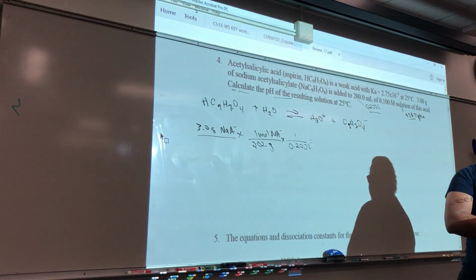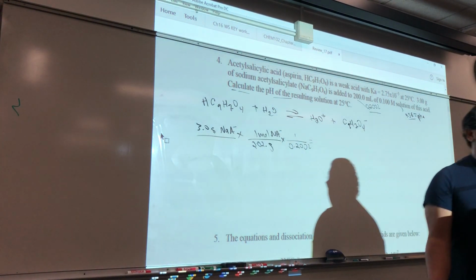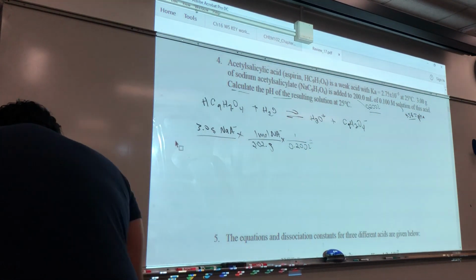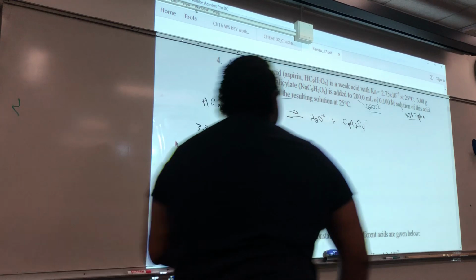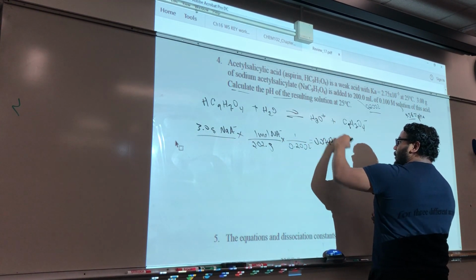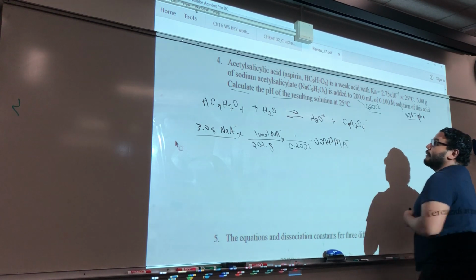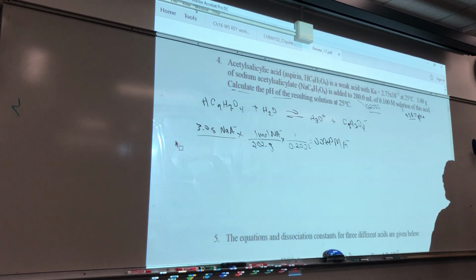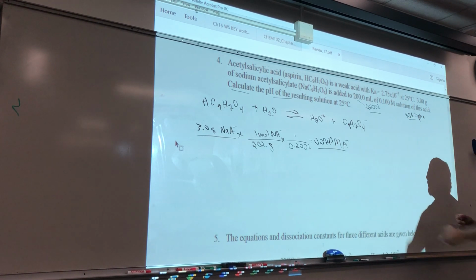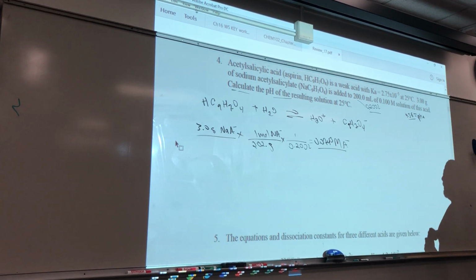That's 0.0743 molar of A minus. Now that we have the molarities of both, we can plug them into the Henderson-Hasselbalch and solve for pH. And that's what they want.